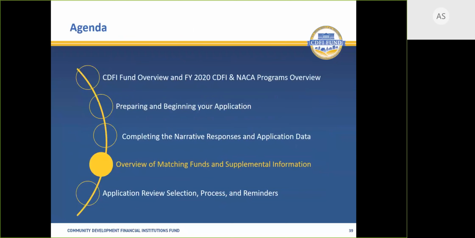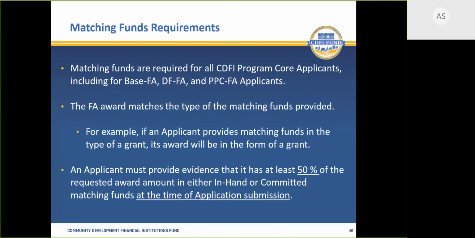Okay, so these next set of slides, we're going to be discussing the matching funds and some of the information regarding the documentation requirements and so forth. So matching funds are required for all CDFI core applicants, including for base FA, disability FA, and PPC.